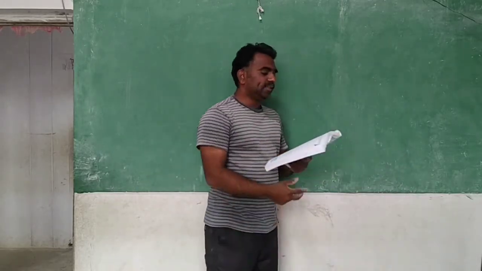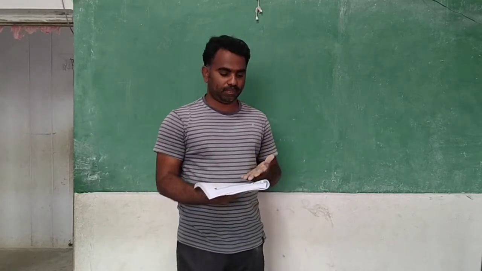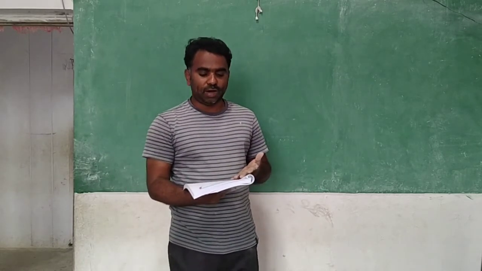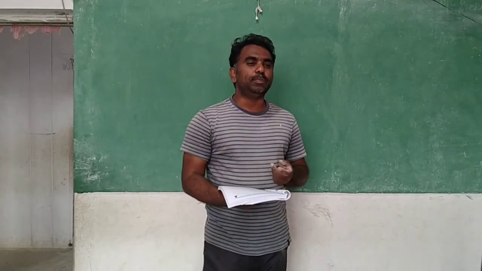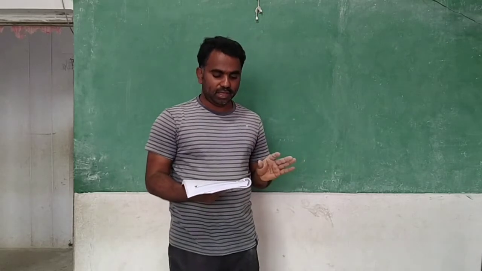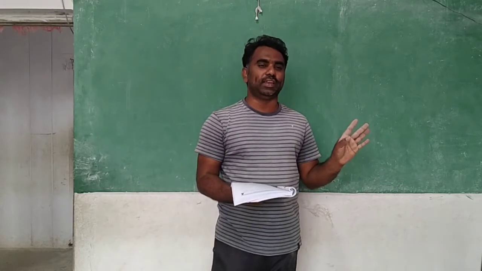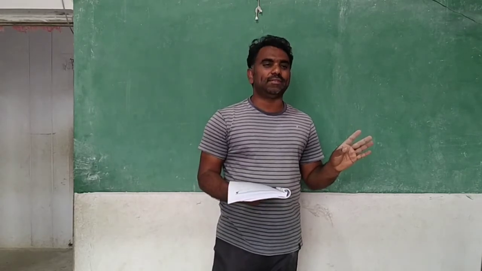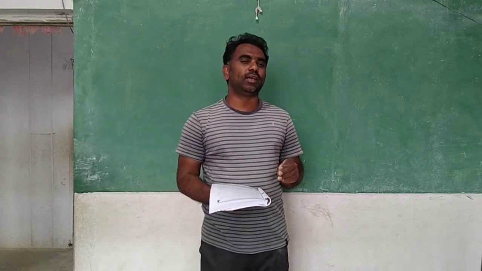The second bit is: consider the following numbers on the number line. So simple, you have to say where it is. No need to draw the number line. So the first one, 27, directly 27. You don't need to say anything. Minus 7 by 8. You know it is a proper fraction.